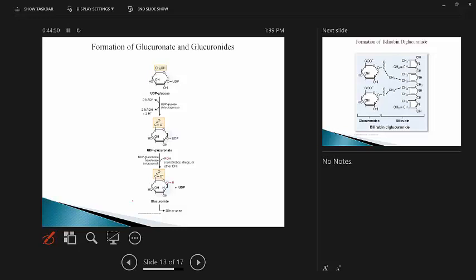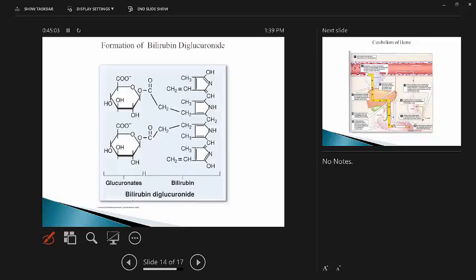Okay. That process is called glucuronidation. It's not the only glucuronidation that you can have, but it's probably one of the most effective ones. So here's bilirubin diglucuronide.